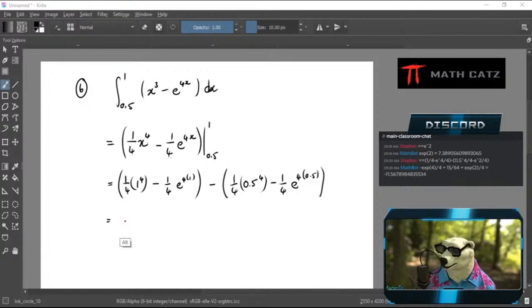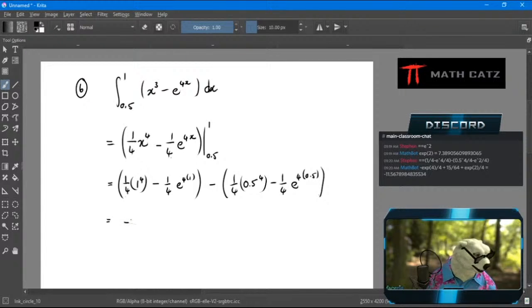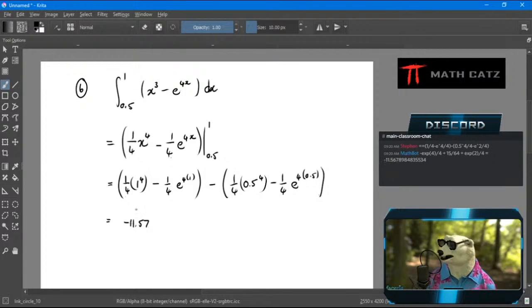And now we're going to get, according to this, negative 11.57, let's say. Now, I don't care right now what the answer is. Negative, positive, small, big, I don't care. We're going to have to figure out exactly what these answers mean and clarify some things.